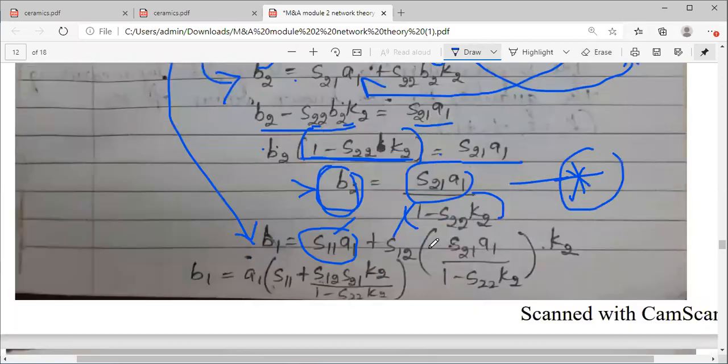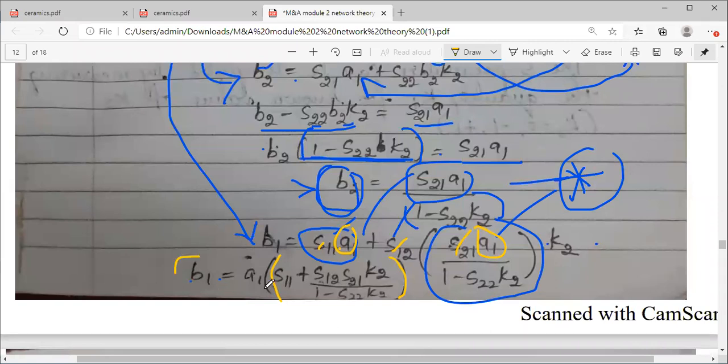So I have substituted that into K2, so B1 is equal to, in both A1 is common, you can see in both the terms. A1 is here also and here also. Take A1 common, you will be getting this bracket term: S11 plus S12 S21 divided by 1 minus S22 K2.